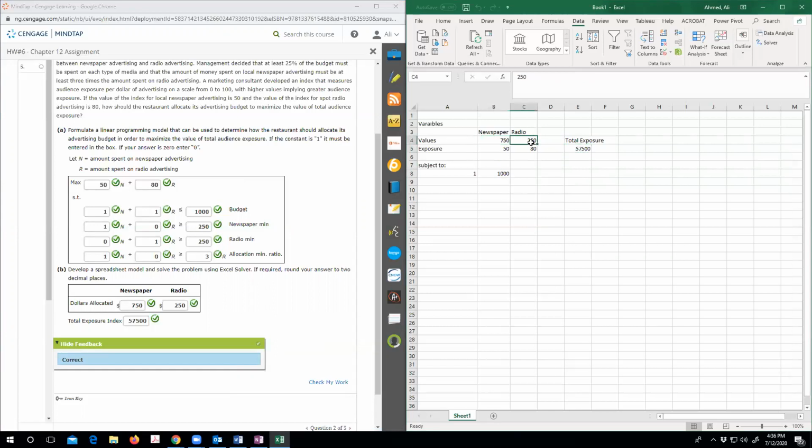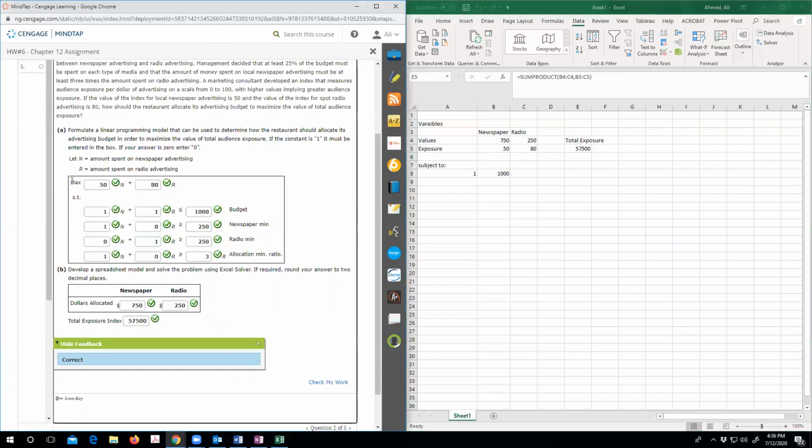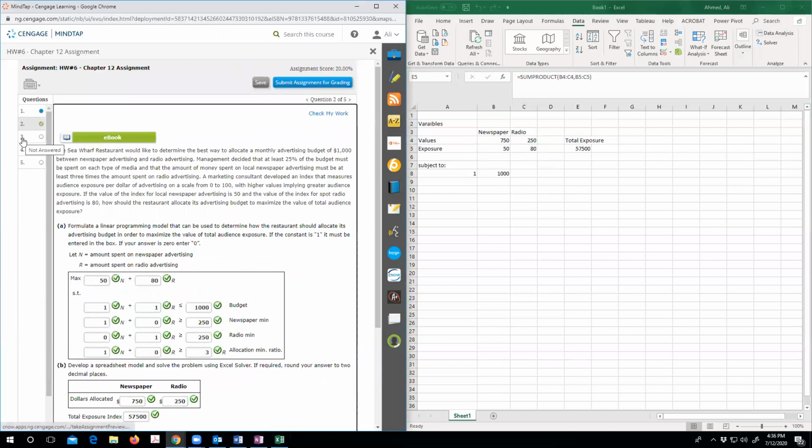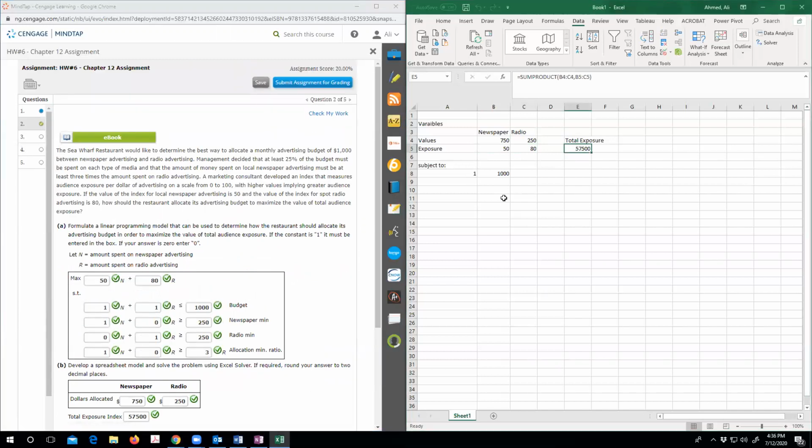These two values were changing, so in the first step we enter 0, 0 as a placeholder. And these are just constants. They take a product of these two and a product of these two and then sum it up. That's exactly what it is here. Either we have to maximize this sum or minimize it based on the constraints. That pretty much applies to all the problems.